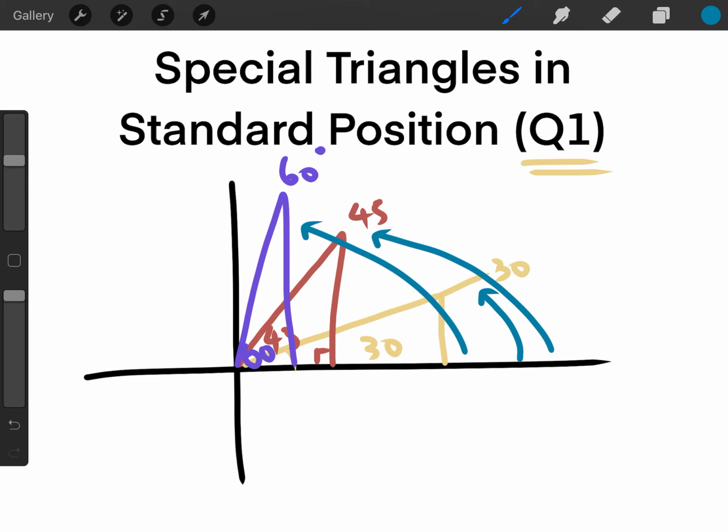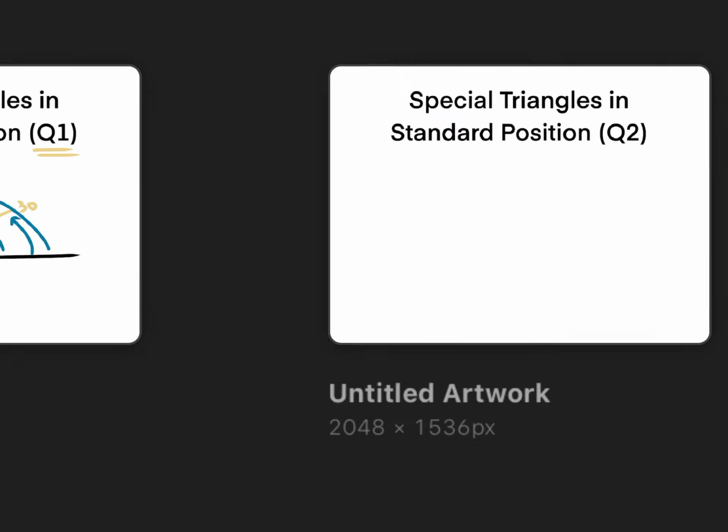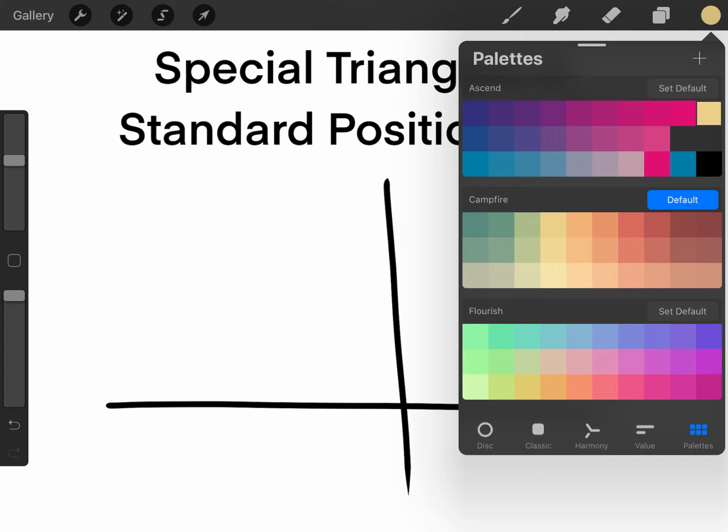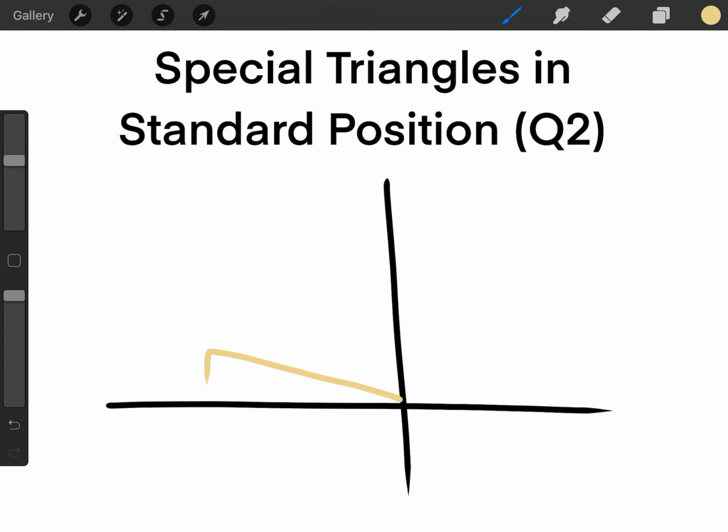When you draw the terminal side, this is a 30-degree angle, this is a 45-degree angle, and this is a 60-degree angle, coming from the initial side at 0. So quadrant 1 is actually kind of simple and straightforward.